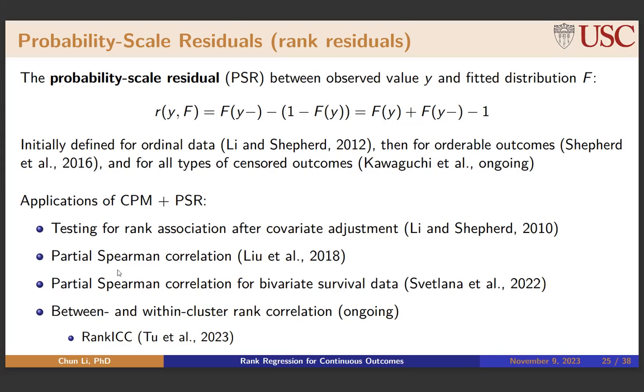They basically grab the formula for partial Pearson's, and then swap all the Pearson's correlation with Spearman's correlation and hope it works. It doesn't work. So I was surprised that we were the first to define the formula for partial Spearman's correlation. Really, there was no real definition of it. It's just mimicking. And for us to do that, we needed rank regression. That started the whole research of rank regression.